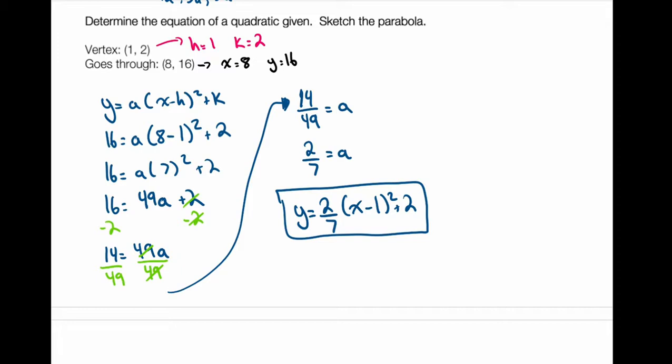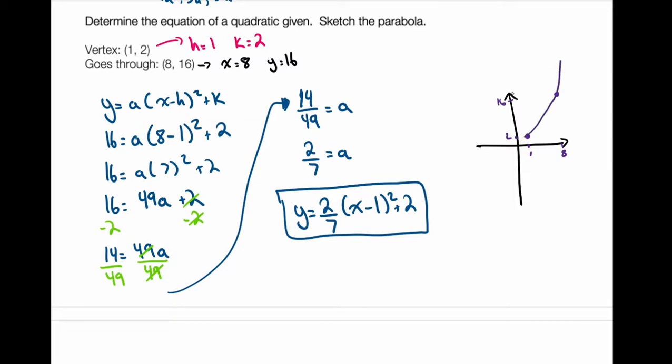If I want to graph this, or just roughly sketch this, just roughly draw my grid, I know the vertex is 1 and 2. So there's my vertex. I know that at 8, so let's say it's all the way down here, 8 and 16, there's a point.